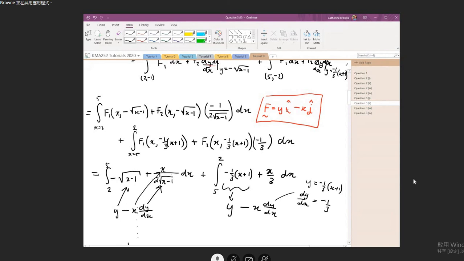And then for this one, y is equal to minus the square root of x minus 1. The dy dx is given by minus 1 on 2 square root of x minus 1. So they're the same on both integrals, but the limits are different, and the path that we're taking is different. So y as a function of x is different.